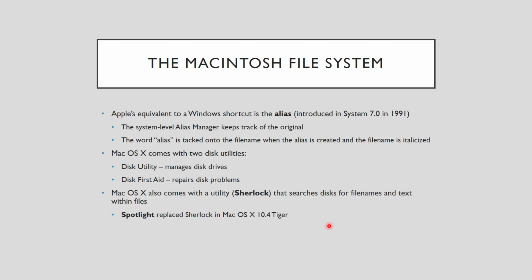The Sherlock or Spotlight, which replaced Sherlock in the Mac OS X version of Tiger, the 10.4 version. Although Sherlock continued to ship with macOS until it was officially retired with the release of Mac OS X 10.5 Leopard.